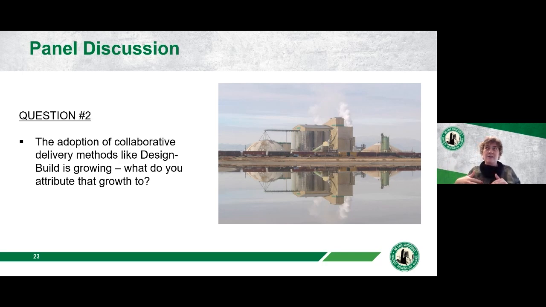If an owner puts out a design build package and it's best value and it's 90% based on price, you're going to have the same conflict, disincentivizing people from doing the right thing. So it's really important to make sure that price is not so heavily weighted that it's going to drive that type of inappropriate behavior.